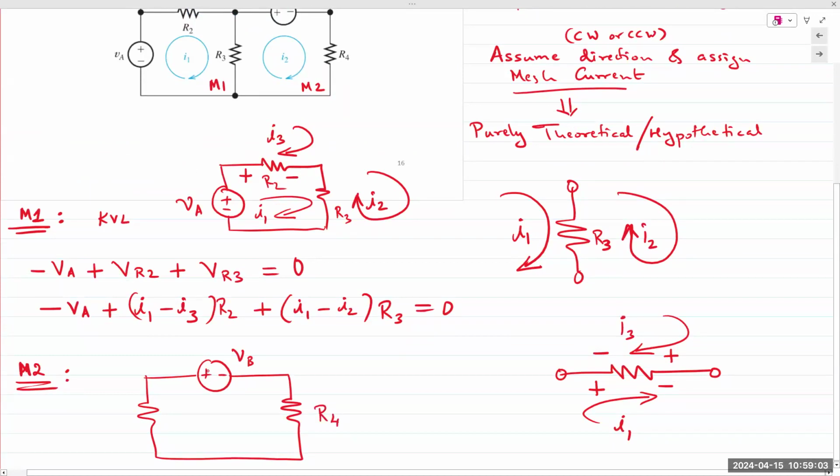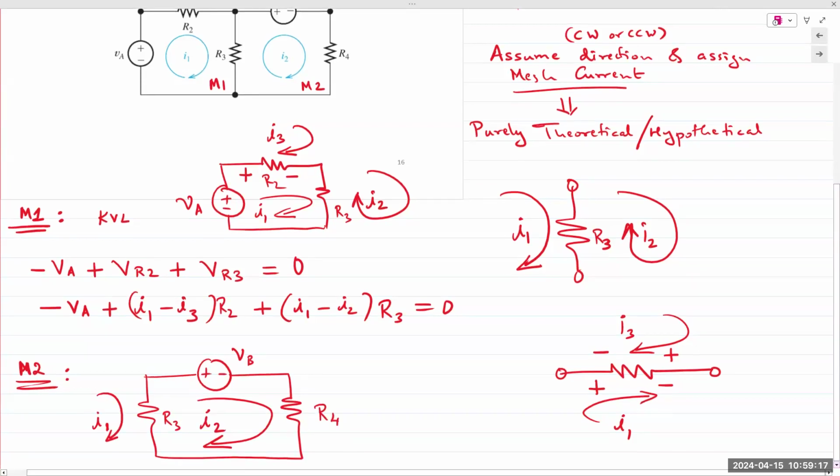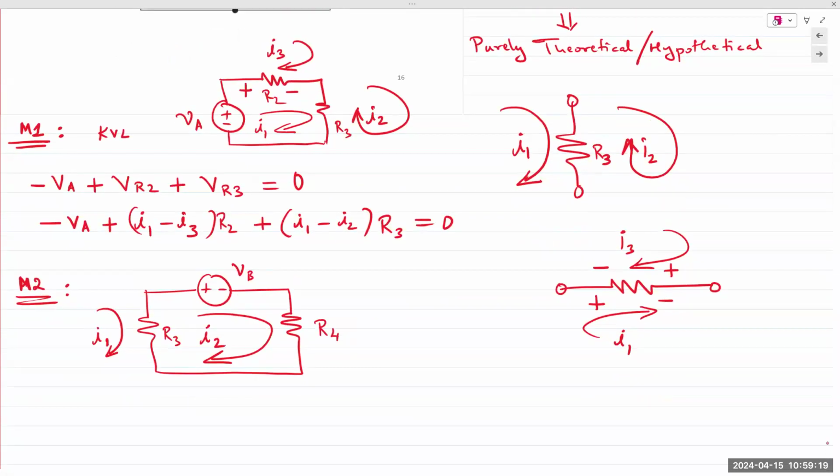And this is R4. This is R3. Now I have current going in this direction. This is mesh 2. And I have I1 coming down. Okay. We have, actually, no, we are almost out of time.